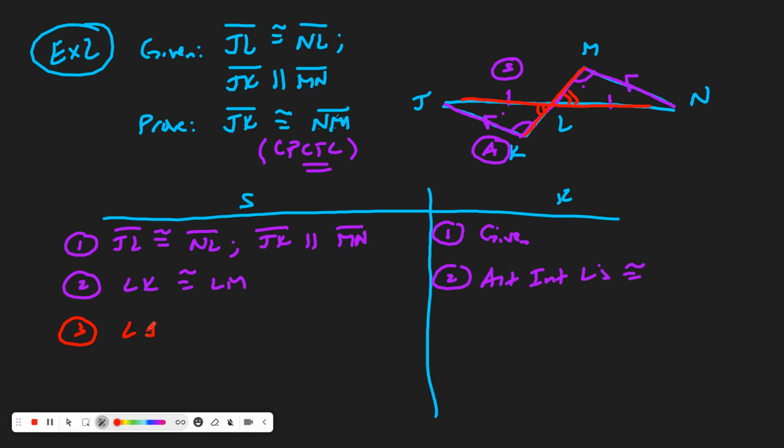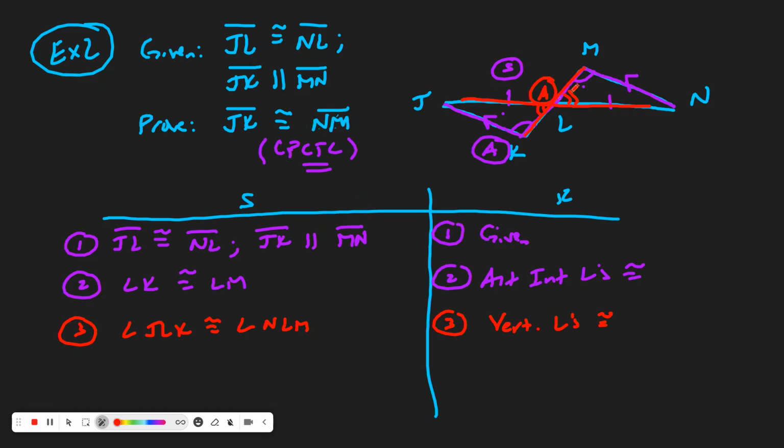So angle JLK will be congruent to angle NLM. And those are because they're vertical angles, and vertical angles are congruent. And there is another angle pair. I'll call it an A.